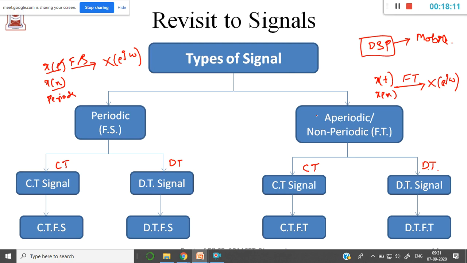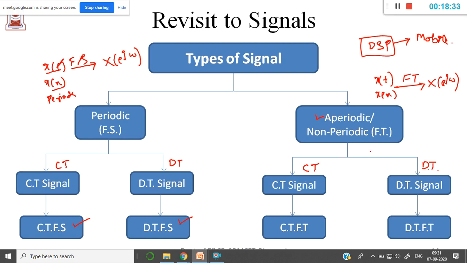Hence, I will be applying a Fourier transform for aperiodic signals. Is it not? So if a signal is periodic, I will be applying a Fourier series, and if it is continuous time, I will be applying a continuous time Fourier series. If it is a discrete signal, I will be applying a discrete time Fourier series.